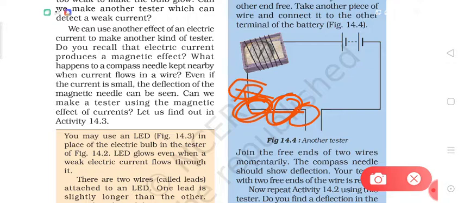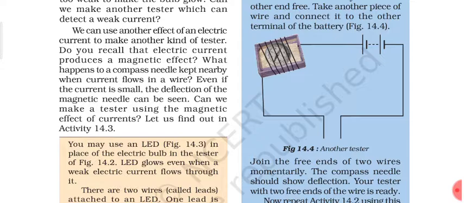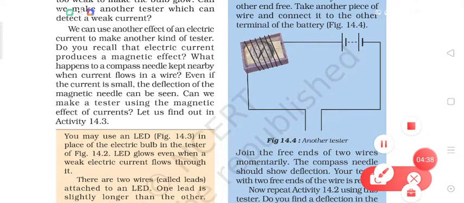And you know that when there is a magnetic field around the wire, the magnetic compass needle will show deflection. So the needle of a magnetic compass is very sensitive to even a little amount of electric current passing through it, because it produces a little amount of magnetic field around it.